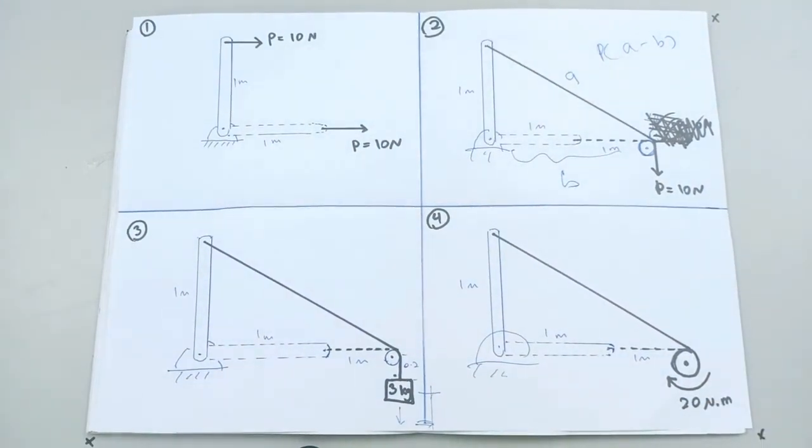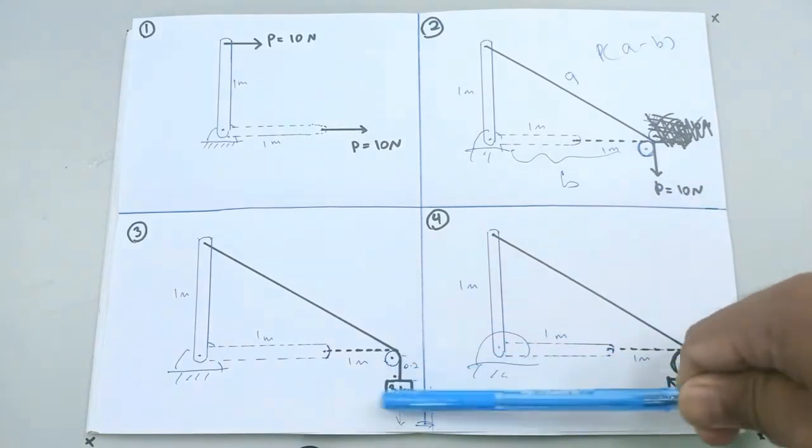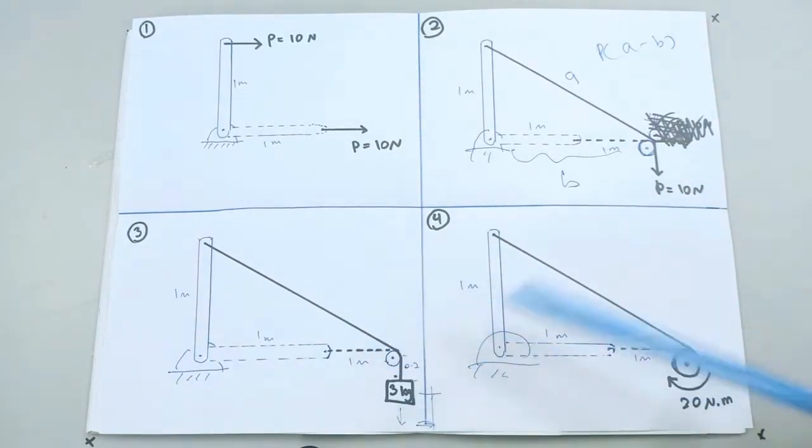Okay, the third one, you also have the cable. You cannot directly say that if you have a cable, it is a constant force through the cable. No, you have to look at what is at the end of the cable. In this case, the question directly said it is a constant force, but here it is not a constant force at the end of the cable.